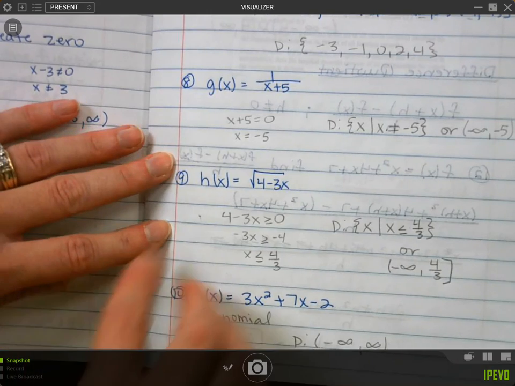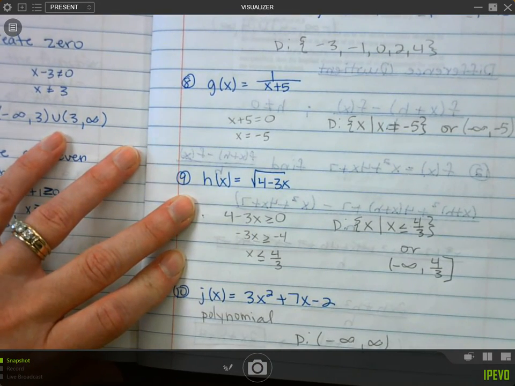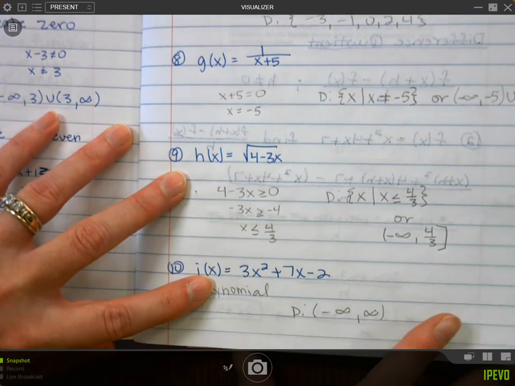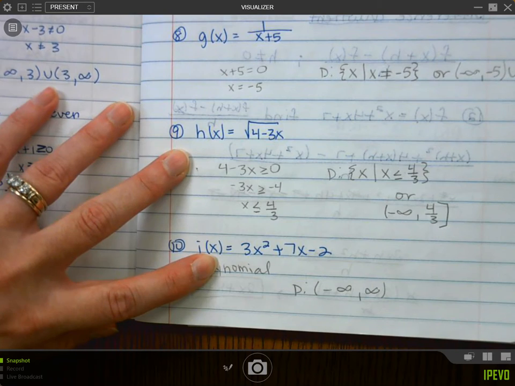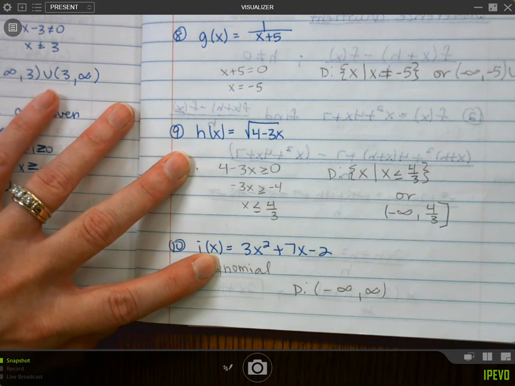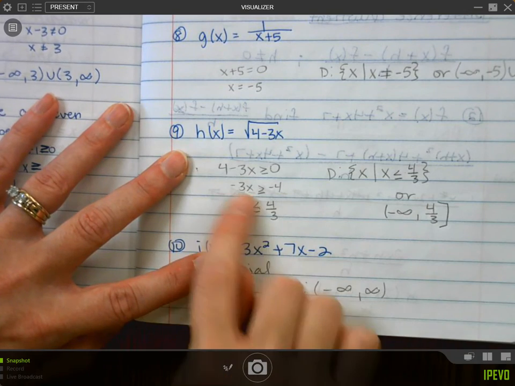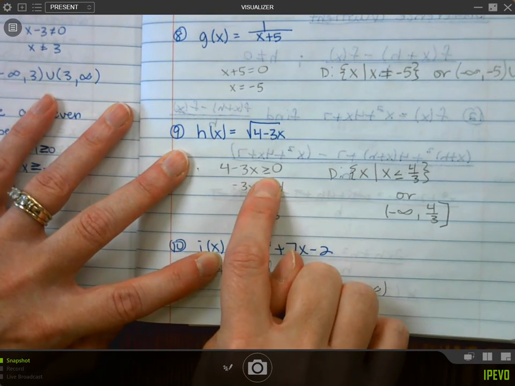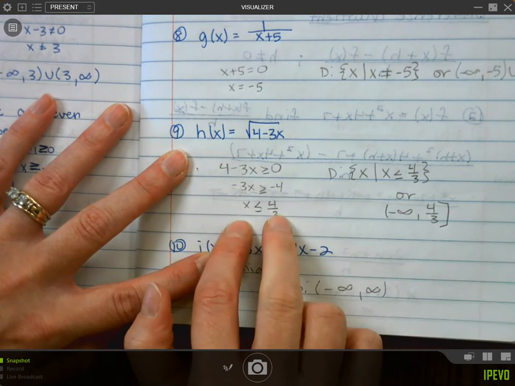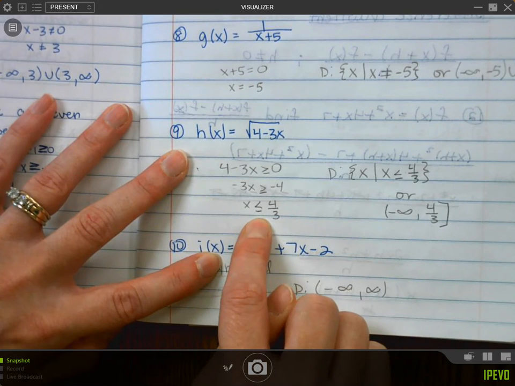We have number 9, and my numbering picked up where we left off on Friday, by the way. All right, so here, do you have one of the restrictions? Do you have a variable in the denominator? Do you have a variable under an even root? Yes, we have a variable under a square root. So if we take this and we say that we need the guts to be 0 or bigger, and then we solve, remember that when you divide by a negative, that inequality symbol flips over.